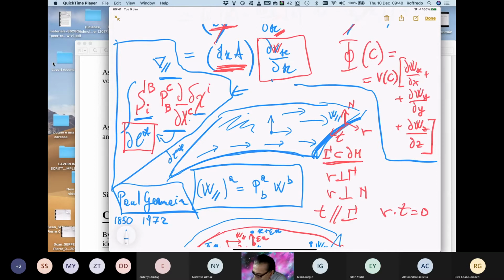To remember in every moment of our reasoning that this is a tangent vector field, I write its components in the orthonormal basis, in the external orthonormal basis, which is always present in our reasonings. And even if my drawings are becoming chaotic, I repeat it here, okay?